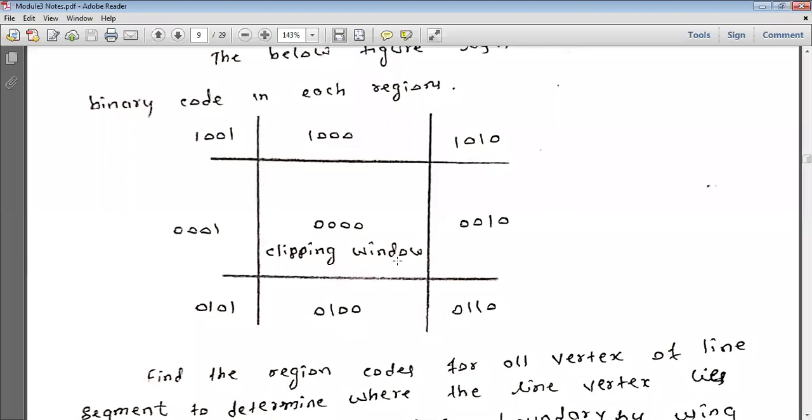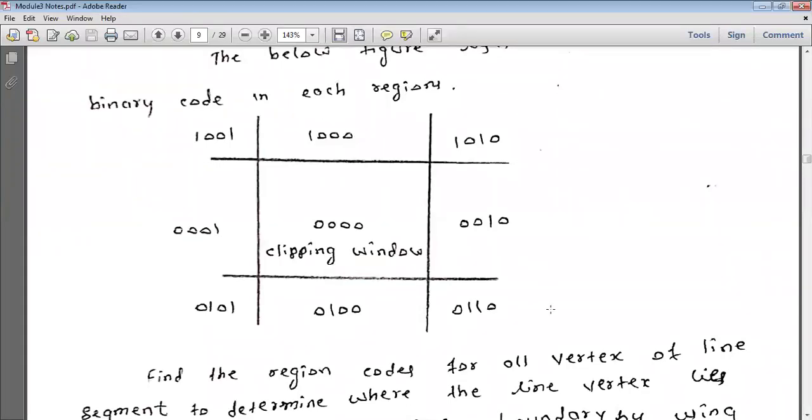If the line goes out towards the right side of the clipping window, I recognize that by making the third bit 1. On the same lines, if a part of the line comes outside towards the left of my clipping window, I make the LSB 1.